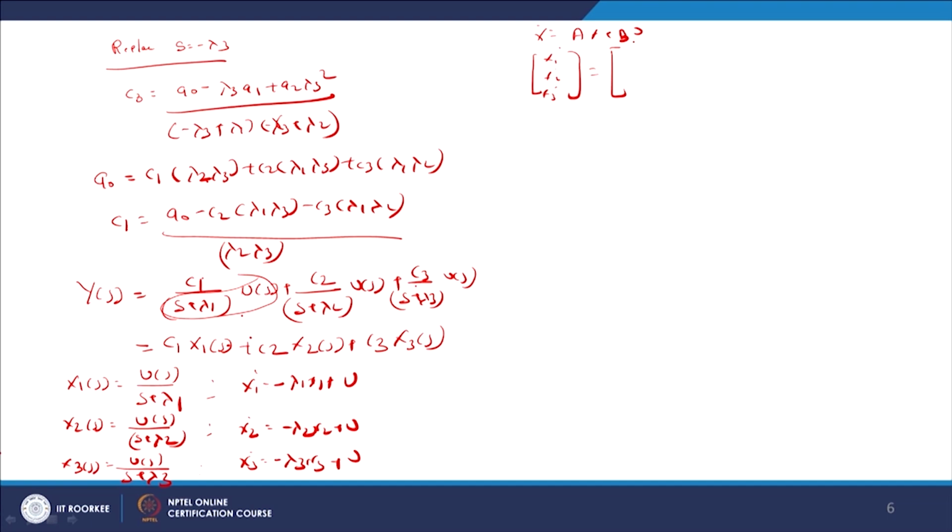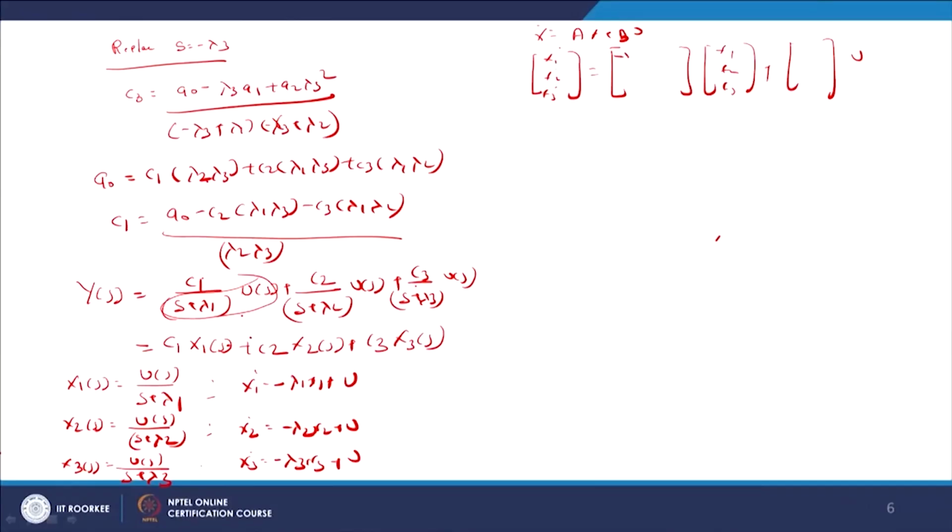The A matrix is the system matrix, and there is the state x1, x2, x3 plus this is u. So first state x1 dot equals minus lambda 1 x1 plus u, but there are no terms of x2 and x3. Therefore we can write this as minus lambda 1, 0, 0, x1, and is there a term for u? Yes, there is a term of u, that is 1 into u. So we can write 1.